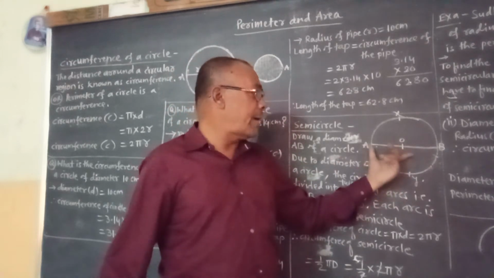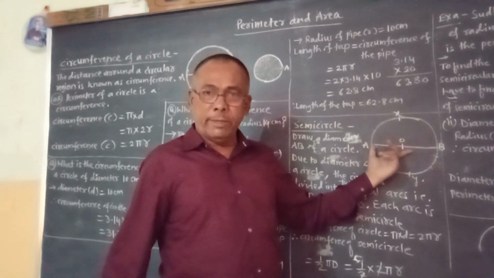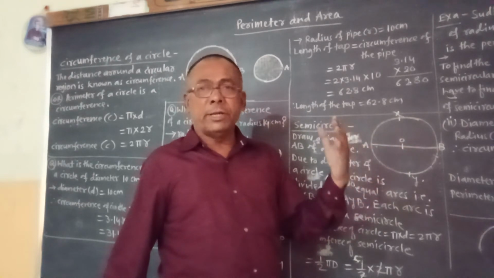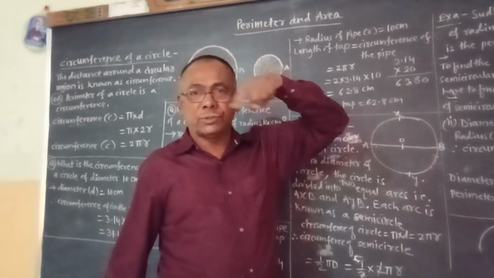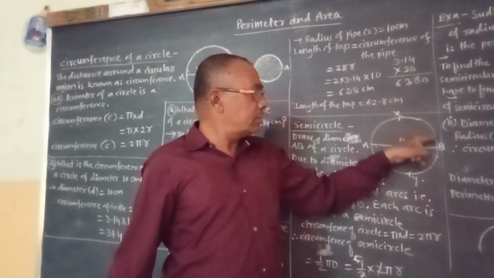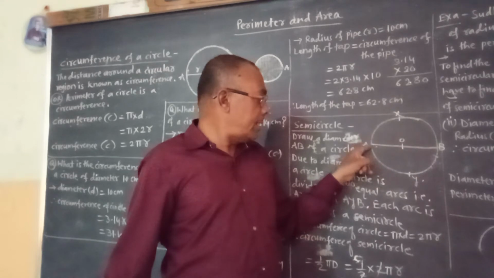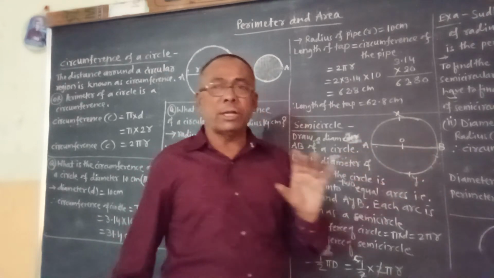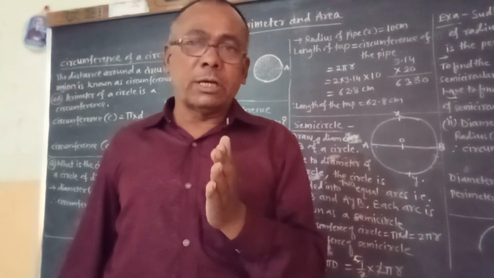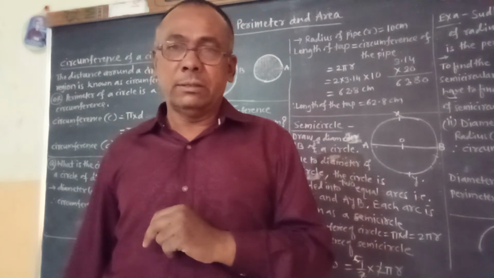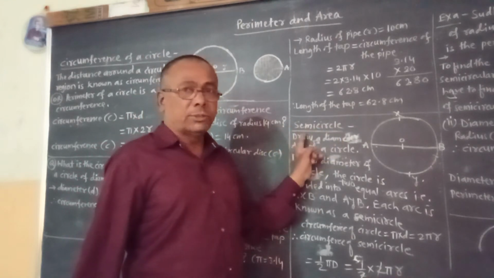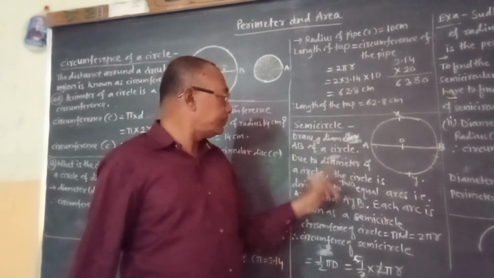So AB is the diameter, and due to AB or diameter, the circle is divided into two arcs, namely AXB and AYB. These are the two half circles. Each half circle is called a semicircle, and therefore the concept of semicircle is clear here.